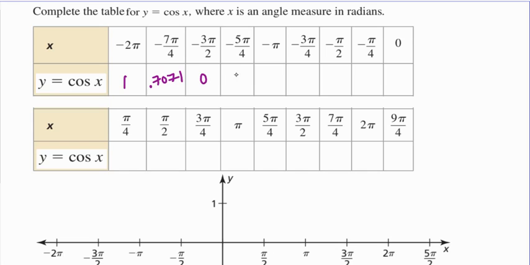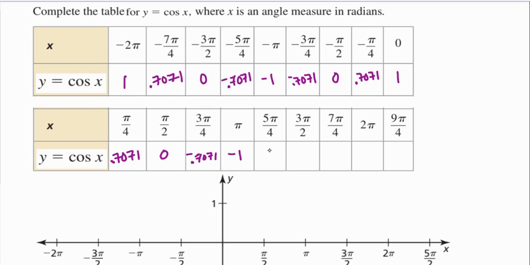The next cosine, you're going to find negative 0.7071, and then negative 1, and then negative 0.7071, and then 0, and then 0.7071, and 1. And come back down to 0.7071 and 0, and negative 0.7071 and negative 1.